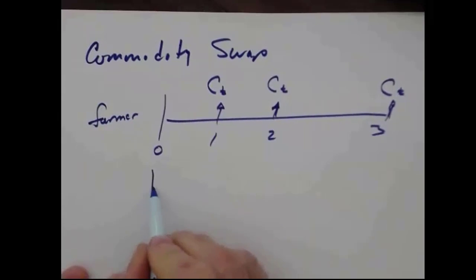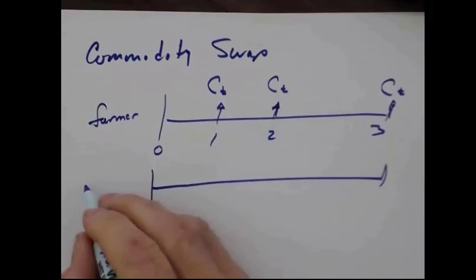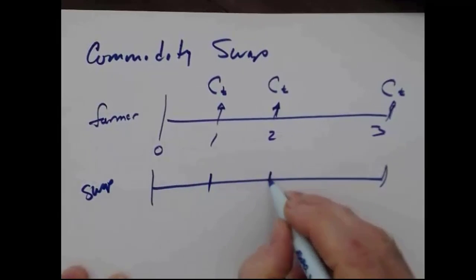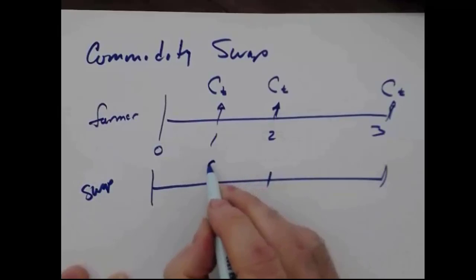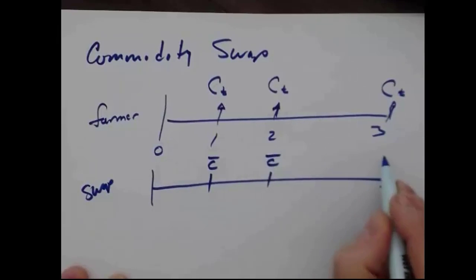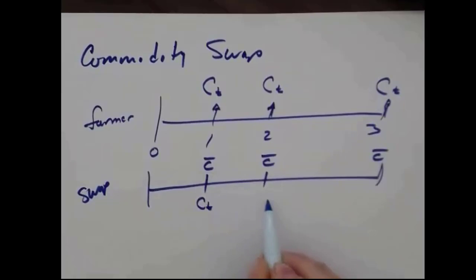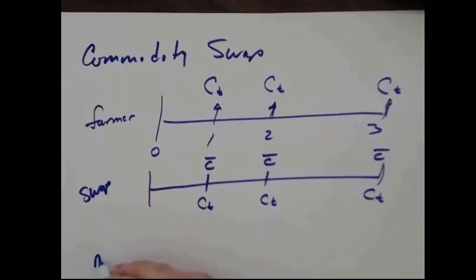Now the farmer enters into a commodity swap, and with the commodity swap, the farmer gets a fixed price for corn. That's what the bar stands for. C bar means fixed price for corn, and the farmer pays CT, the going price of corn as time materializes. And so look what happens when you net it.